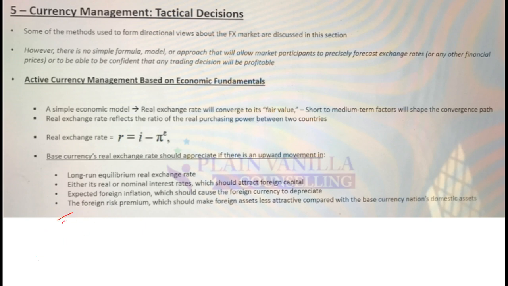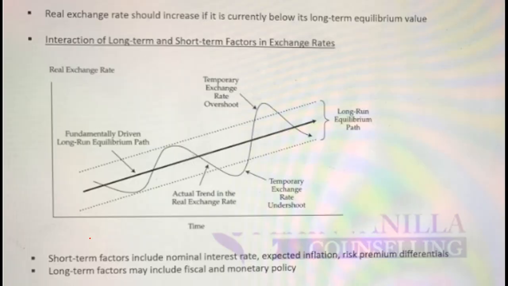If you are given any factors, you should be able to identify whether they would cause an appreciation or a depreciation in the real exchange rate. Another tool for forecasting short-term movement with respect to economic fundamentals is that generally it is assumed that there is a specific path that the currency will follow.